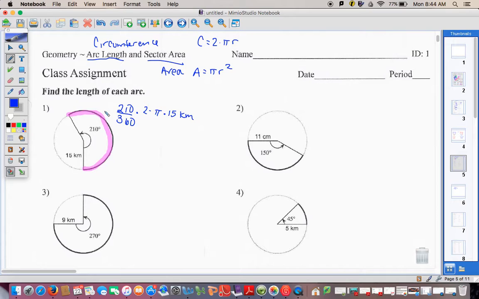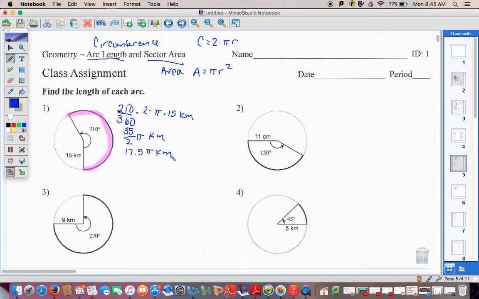And again, let's leave it as exact answers. So if we leave it as exact answers, we would find that the arc length is 35 halves pi kilometers, or 17.5 pi kilometers. So that would be the arc length of this particular arc.